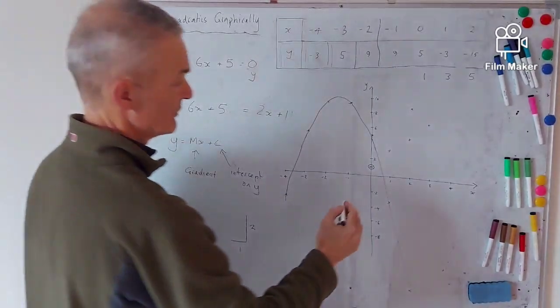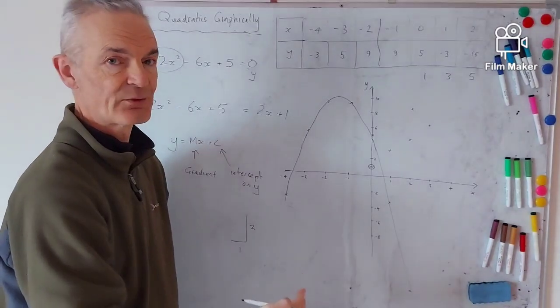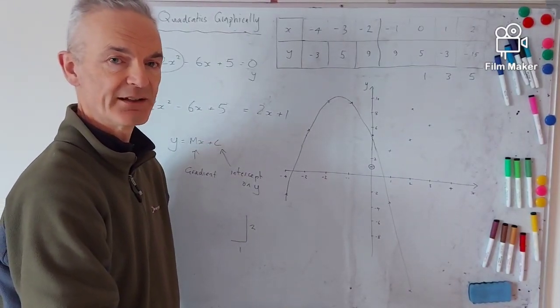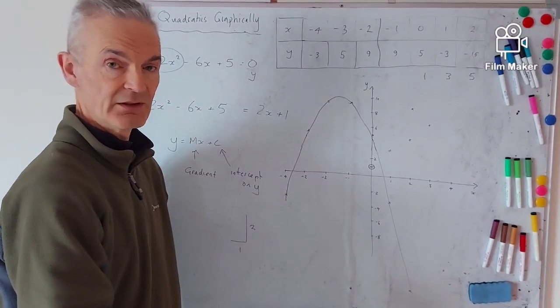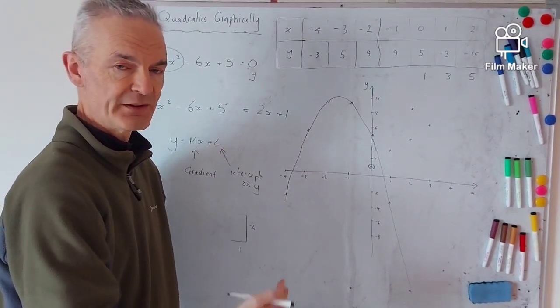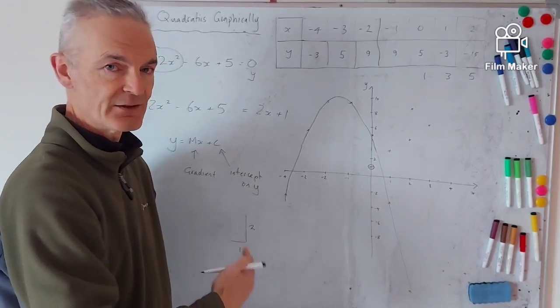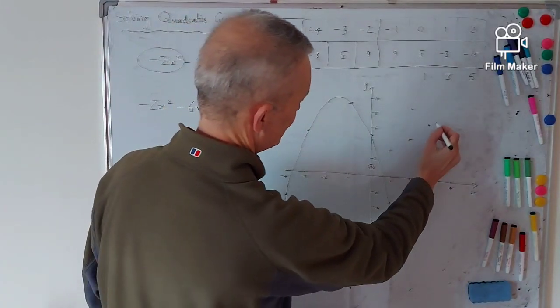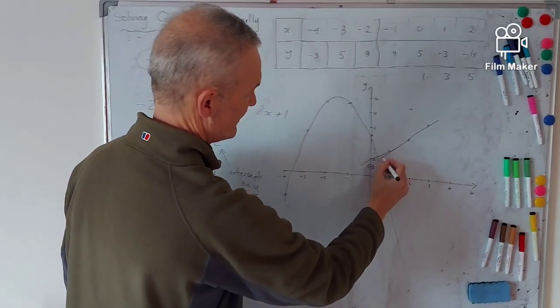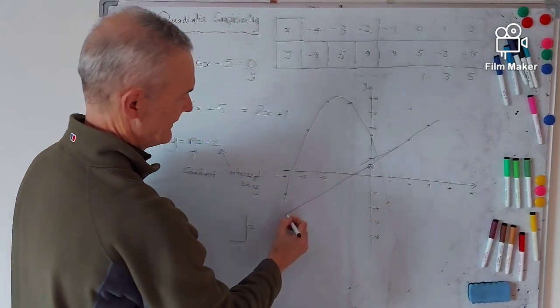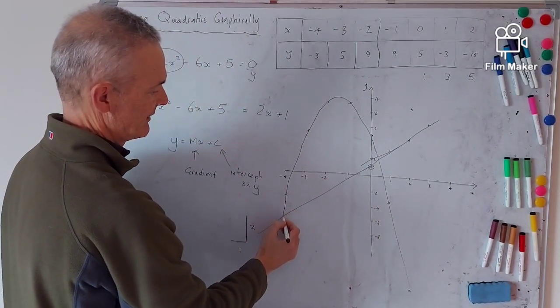And then I can take my ruler. Once you've got at least 3 points, you're going to know you're right. Don't do it with 2 points, because if you've got one wrong, you could make a mistake. If you've got 3 points and they're all in a straight line, then you know you're okay. And then you can put your ruler through that. And oops, that's gone a bit badly astray. And it's going to go over here somewhere.